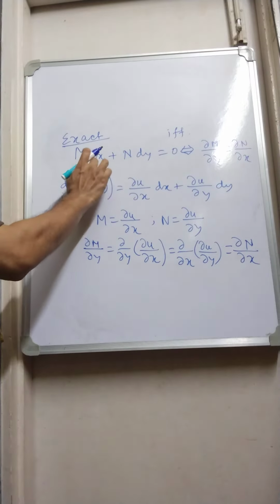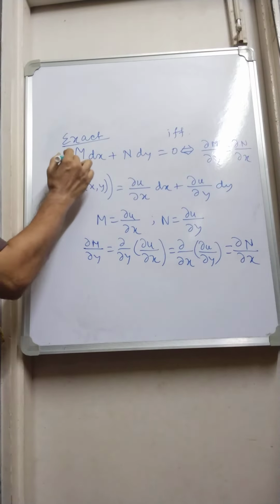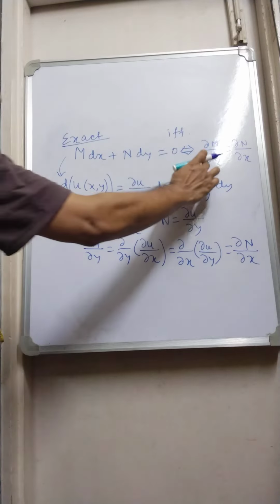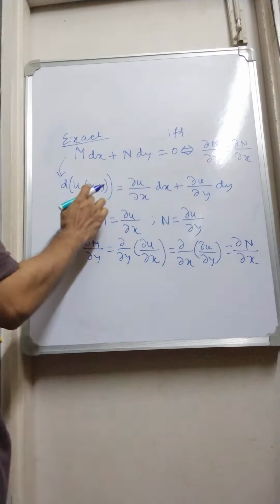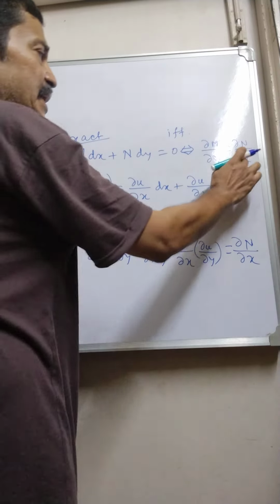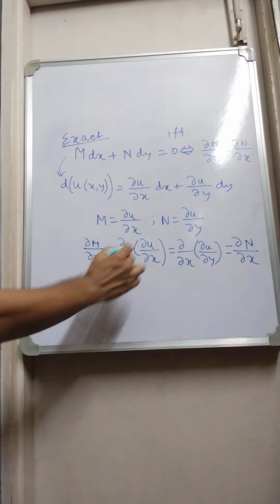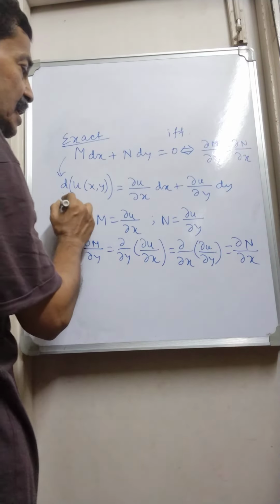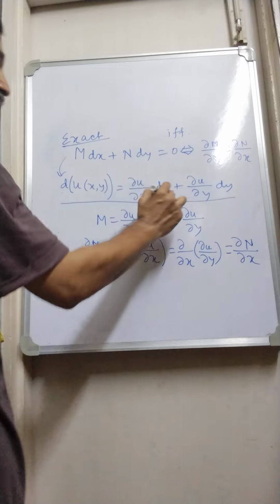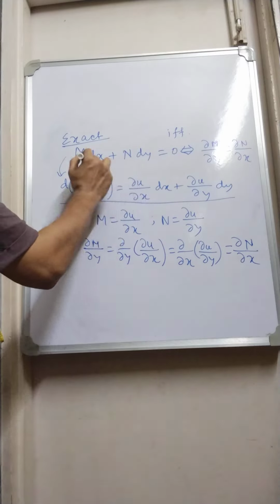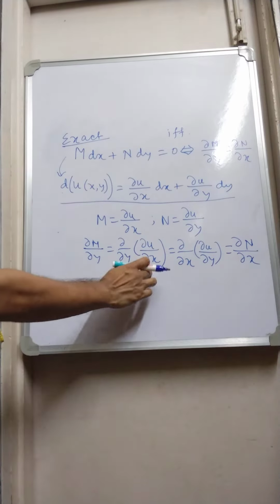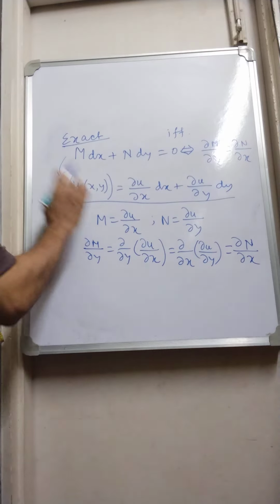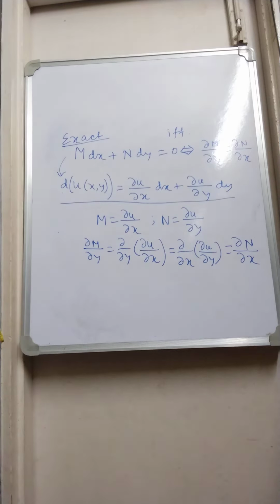So whenever this is exact, that means we can express this as a total differential. We have this, and whenever we have this, we obviously have this, because whenever ∂M/∂y equals ∂N/∂x, we have ∂²u/∂y∂x equal to this, and we can express the function u as this, which gives that M is identified with ∂u/∂x and N is identified with ∂u/∂y, which makes this an exact equation.